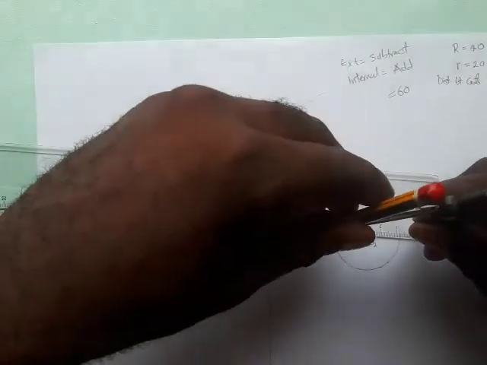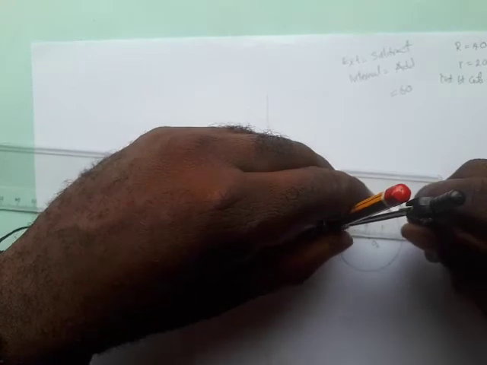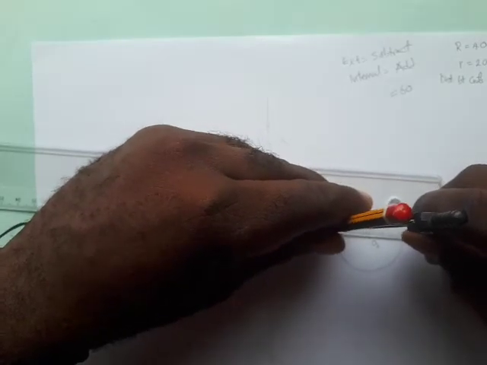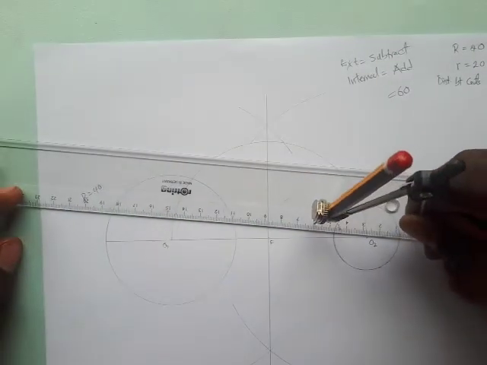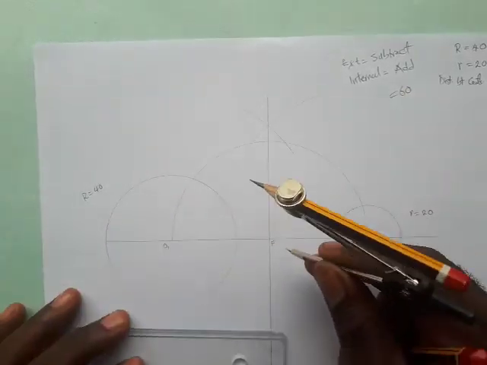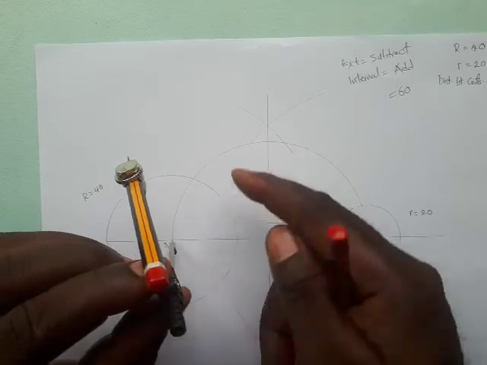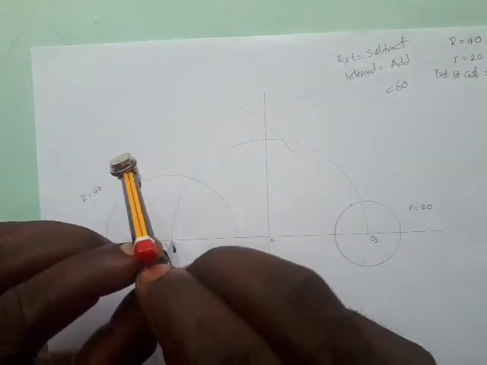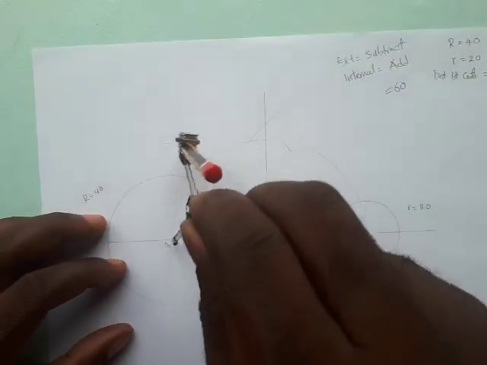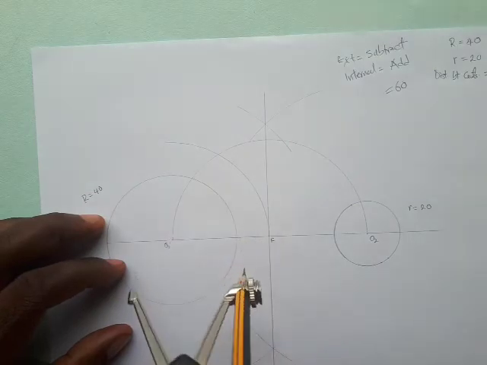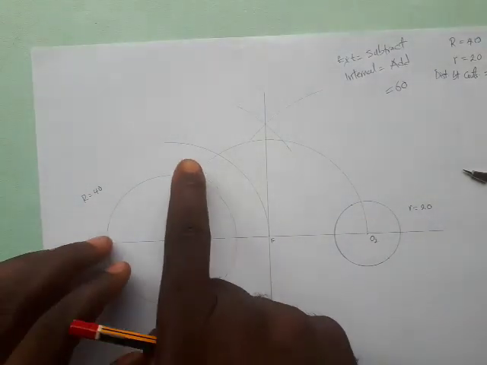So this is 60. All right? Now needle on the center of the big circle and cut this arc that you have drawn. Okay, just cut the arc.